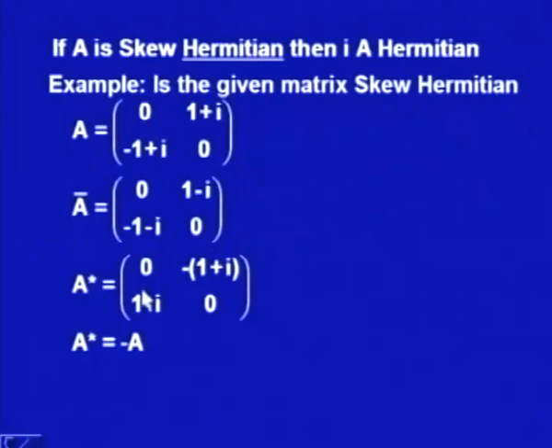This is 0 and 0 does not make much difference, but this element is the negative of this and this element is the negative of this, and hence A star is equal to minus A, or we can say that this matrix is a skew-Hermitian matrix. So, given this skew-Hermitian matrix, we will see that if we multiply this matrix by i, then we have a resultant matrix that is a Hermitian matrix.